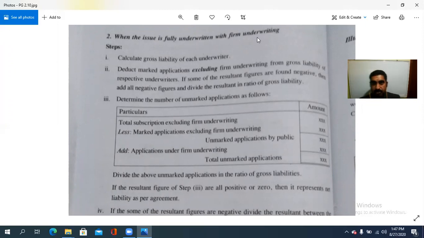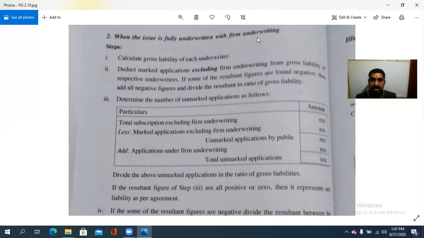If some of the resultant figures are found negative, then add all the negative figures and divide the resultant in the ratio of gross liability.